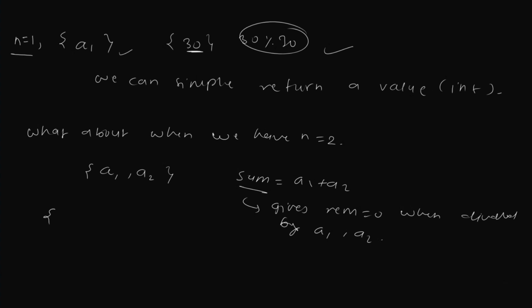Suppose we kept here 3. What else could be here so that this condition is satisfied? So how to determine the value which is going to be here? Suppose it could be anything, like suppose you thought about 10. Is it correct? So the sum is 13, and it is not divisible by either 3 or 10.